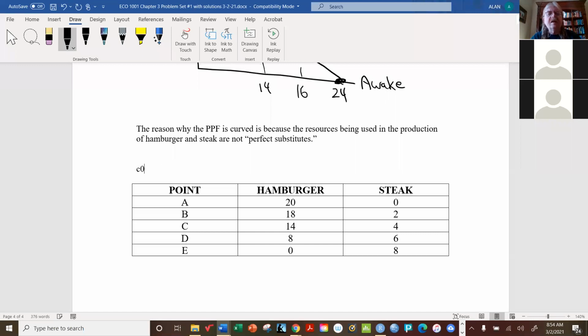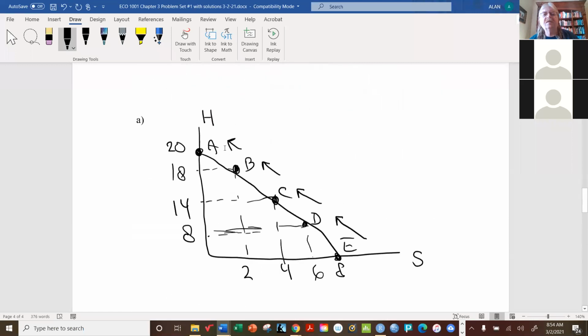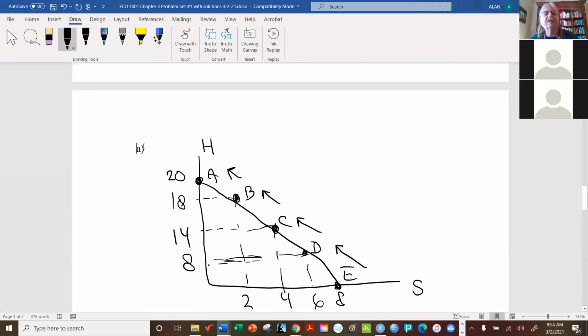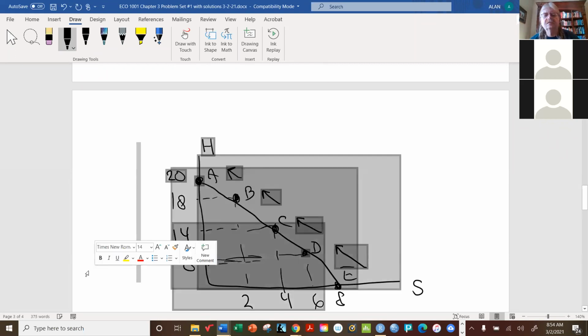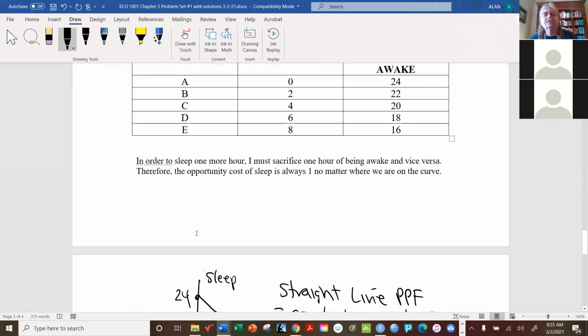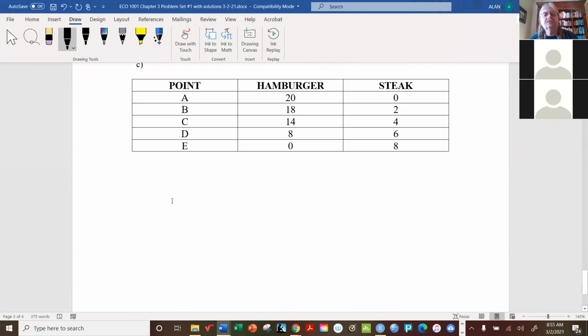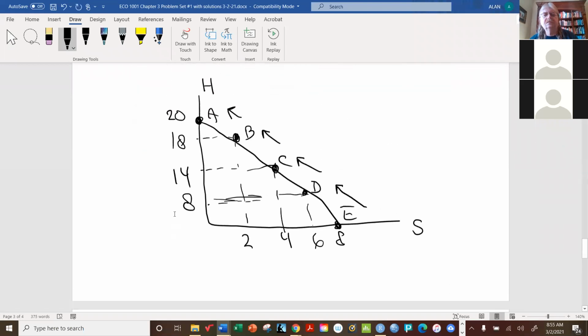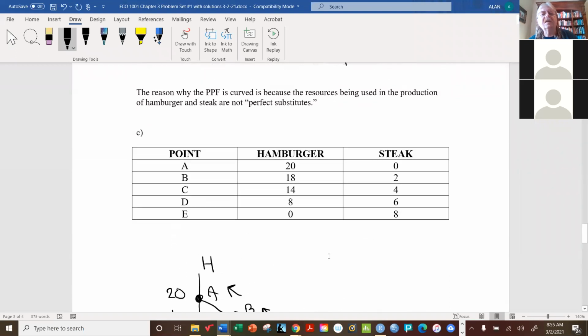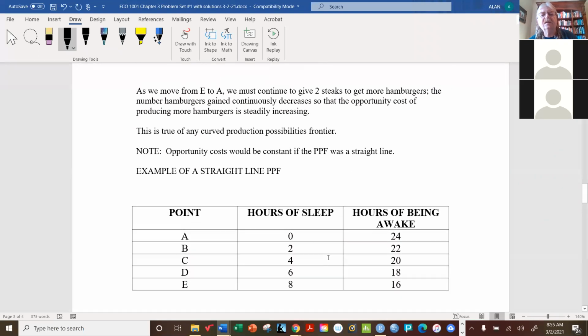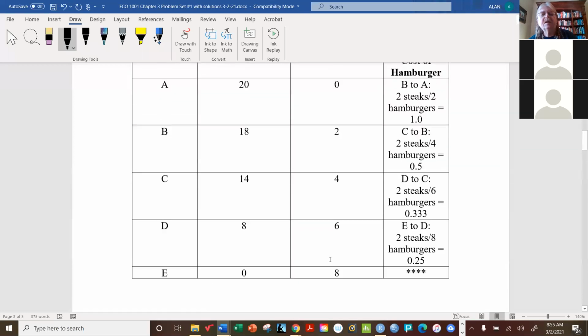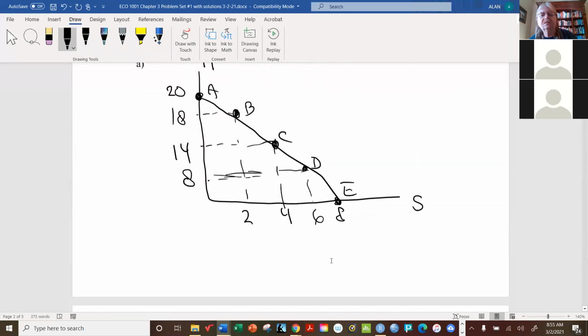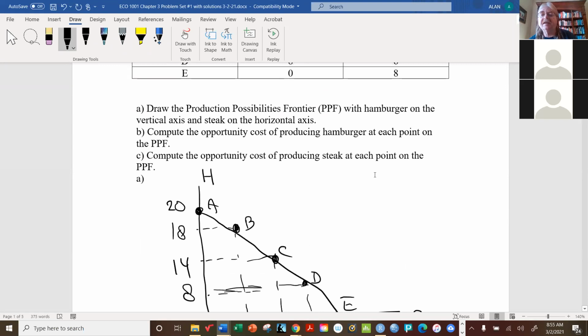All right, so I'm going to go grab another copy of this production possibilities curve. Except this time I'm going to change the arrows. Okay, so in other words, in part C, we're being asked to calculate the opportunity cost of producing steak.